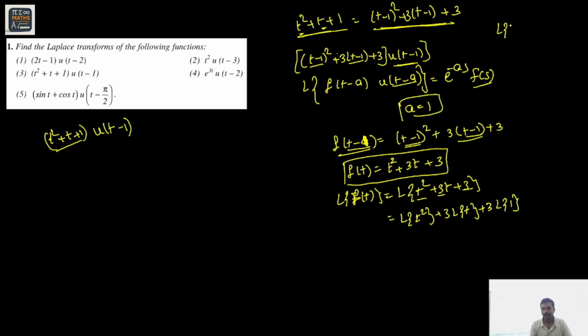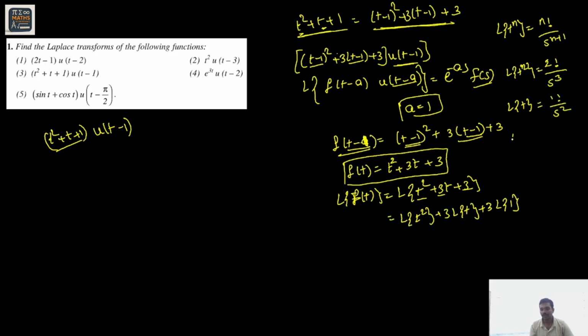We know that Laplace of t power n is equal to n factorial by s to the power of n plus 1. By using this, for Laplace of t square, substitute n equal to 2, then we get 2 factorial by s cube. And for Laplace of t, substitute n equal to 1, then we get 1 factorial by s square.